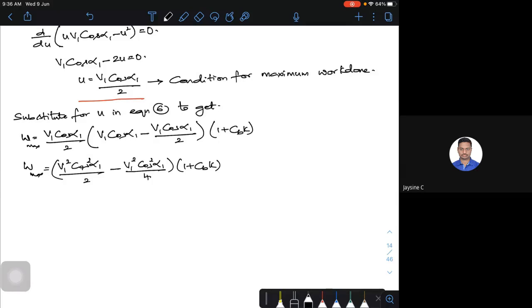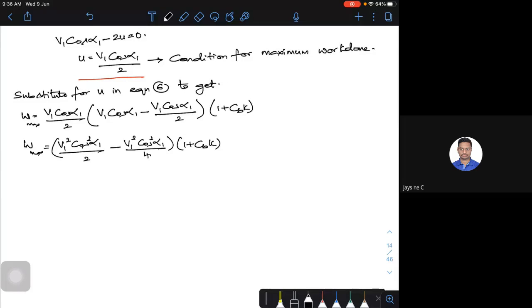So half minus quarter is once again 1 by 4. Your W max is equal to v1 square cos square alpha 1 by 4 into (1 plus cb) into k.